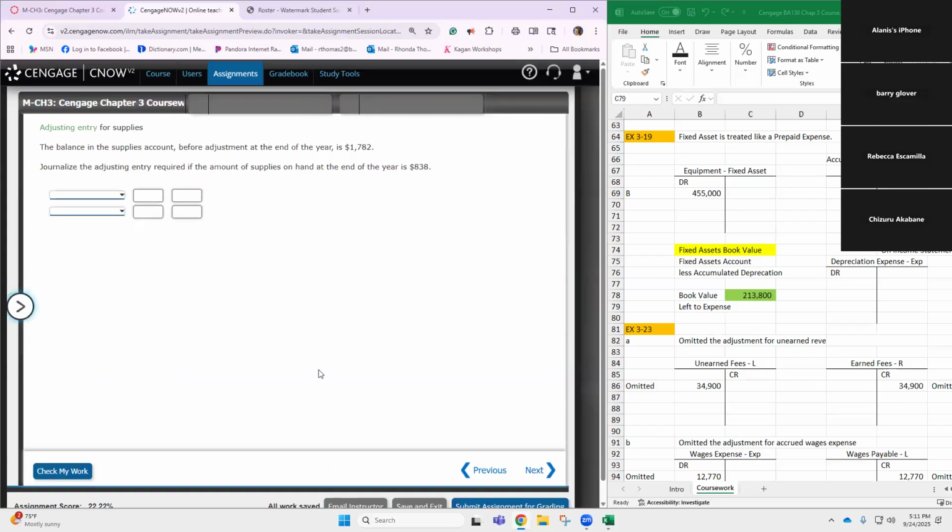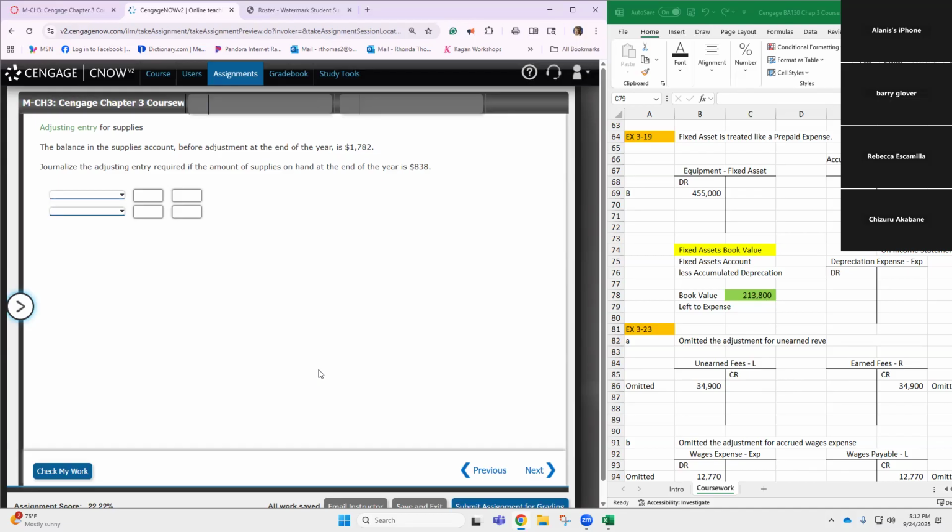All right, this one's a little easier, thankfully. Let's talk about supplies. Remember, I said supplies is part of this prepaid type of entry, right? Sometimes you have to have the backstory of the account that you're about to adjust in order to make it make sense.